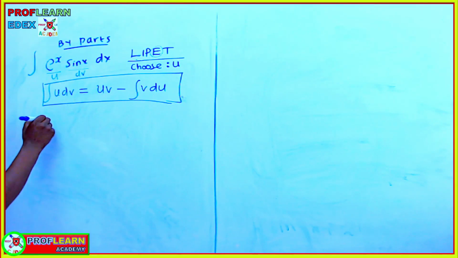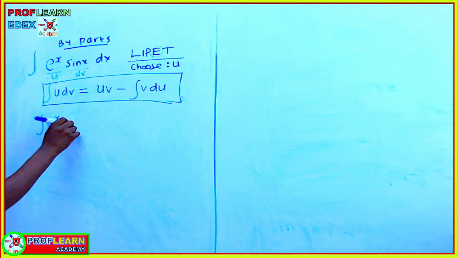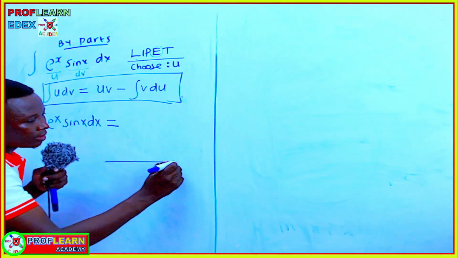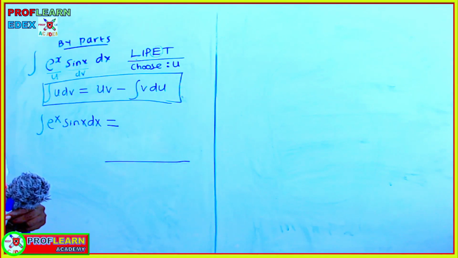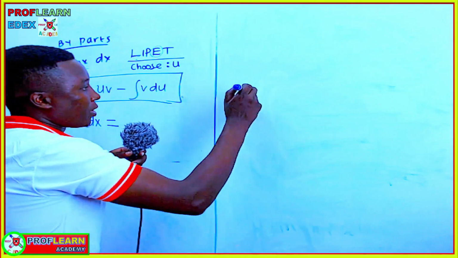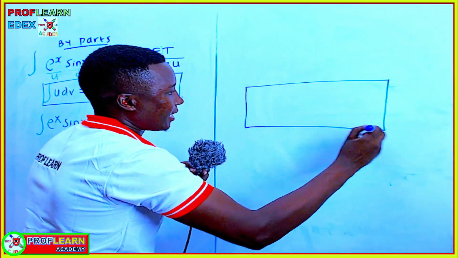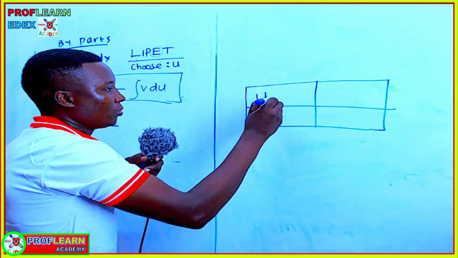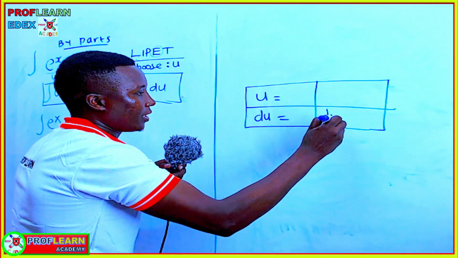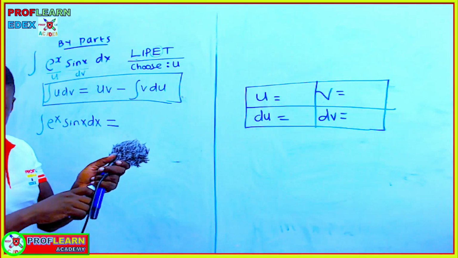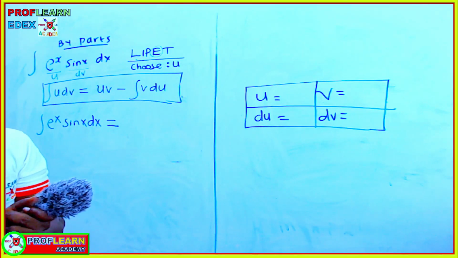So meaning that in order to integrate e to x sine x dx like this, let me just draw a table that can enable us do this. Our table here is going to have u, du, dv, and v.